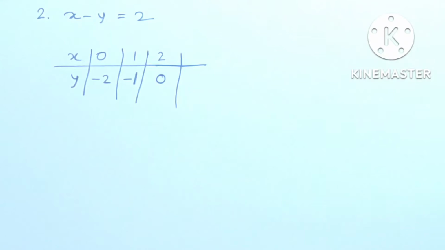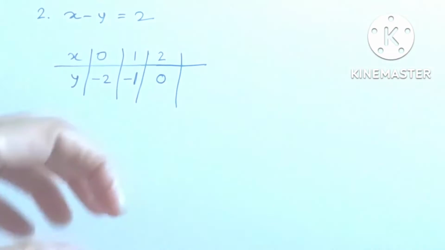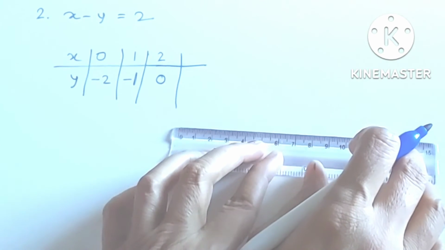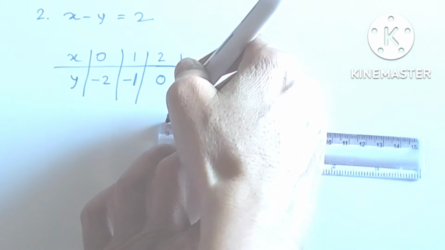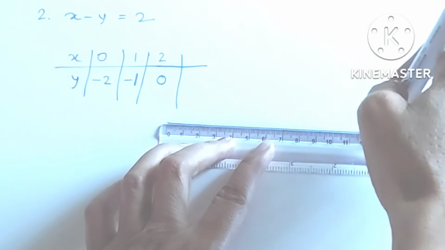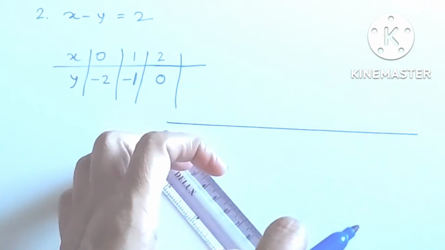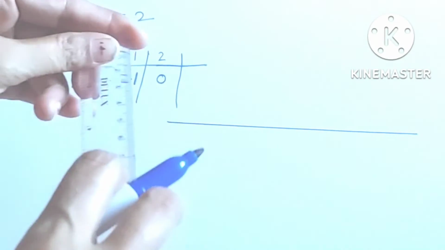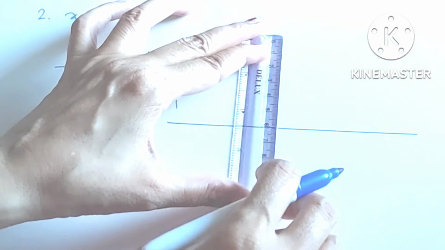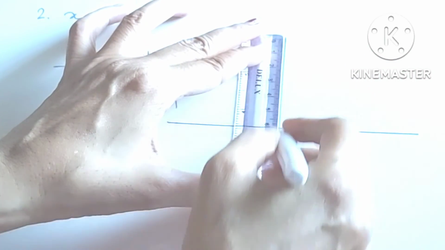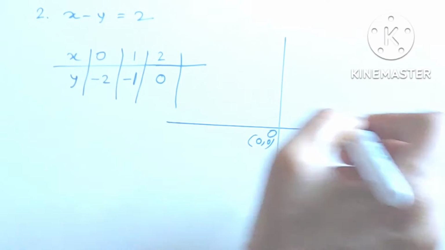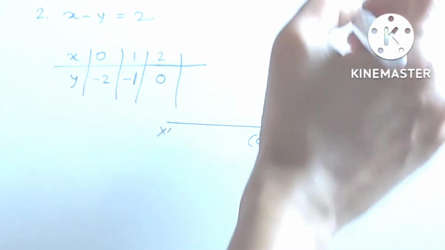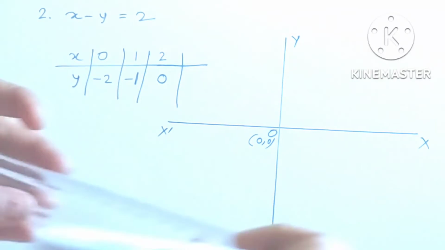Now we have to draw the graph. Here horizontal and vertical line intersect on origin, that is 0, 0, origin 0, 0, and here x, x dash, y, y dash.